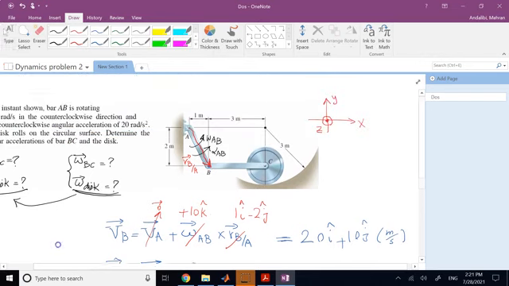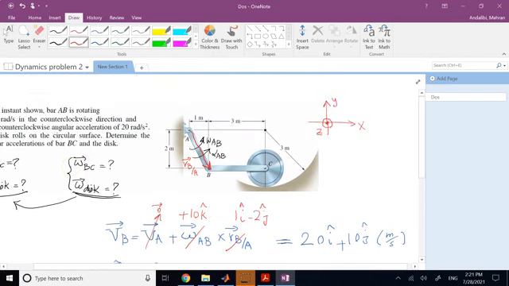Omega BC you do not know, it's an unknown, but there are two possible scenarios for omega BC. It's either counterclockwise or clockwise, right? It's counterclockwise like this or clockwise like that. That's all that can happen in this 2D problem. So it's either positive k or negative k.